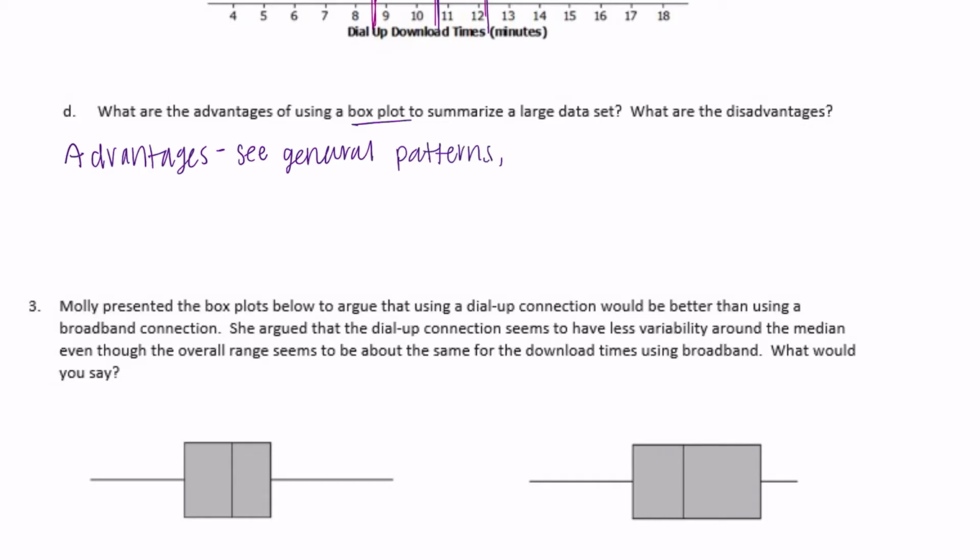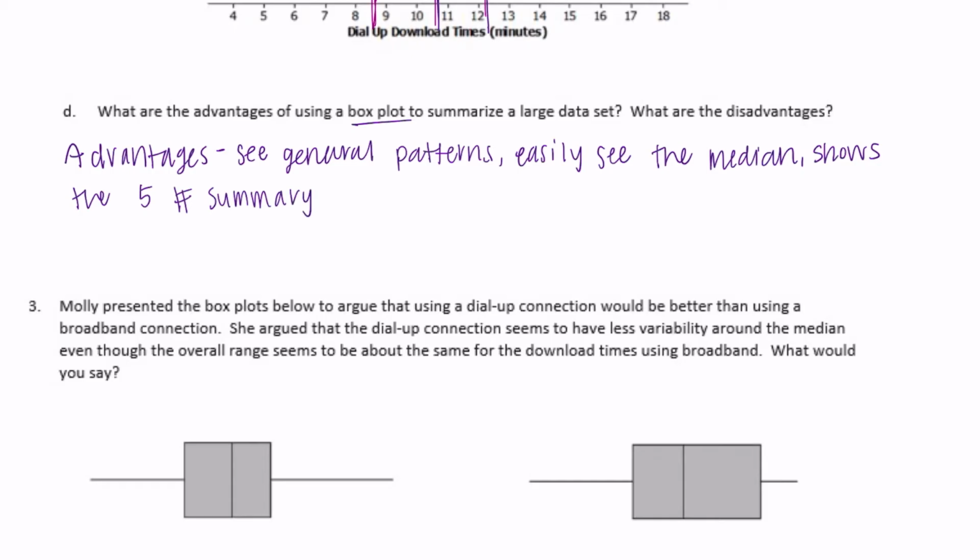We can easily see the median. What else? It shows the 5-number summary: your min, your max, your median, your quartile ranges.